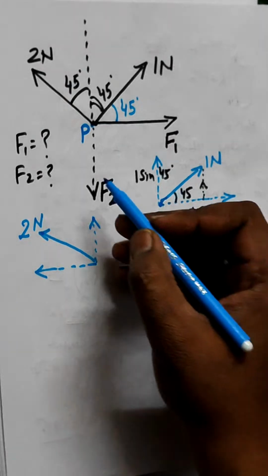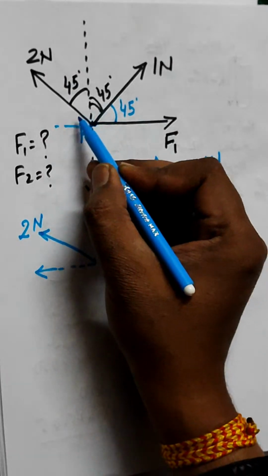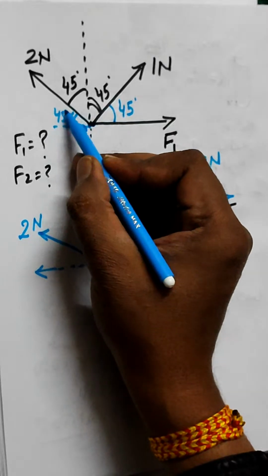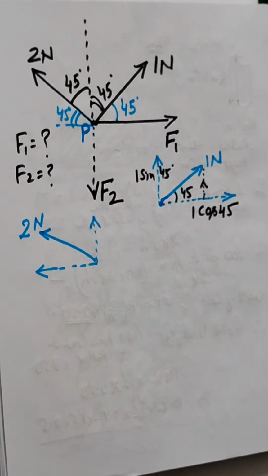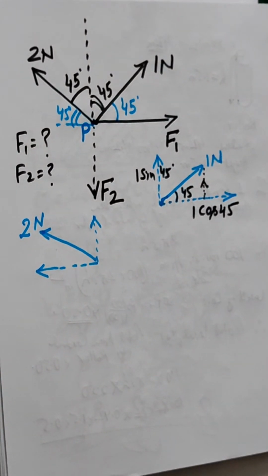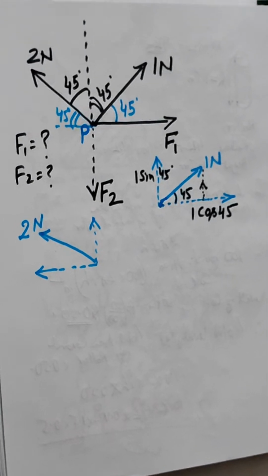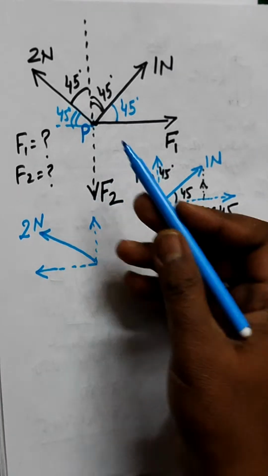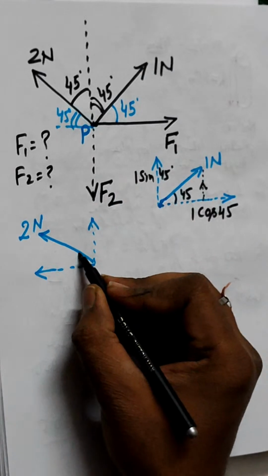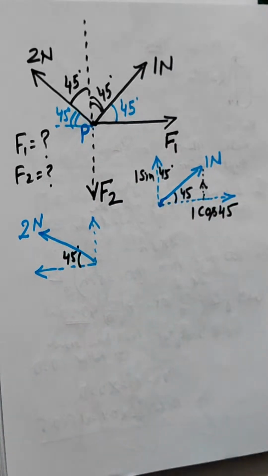If this is 2 Newton and this is 45, then obviously this angle will also be 45, because for any quadrant it's 90 degrees. So if this is 45, then we can say this angle is also equal to 45, right?